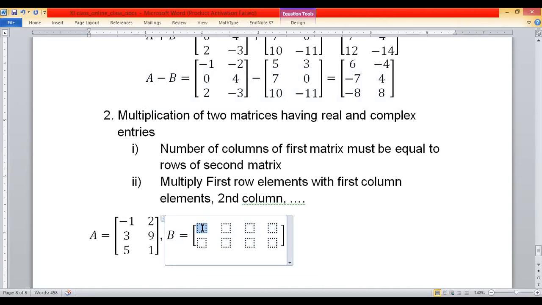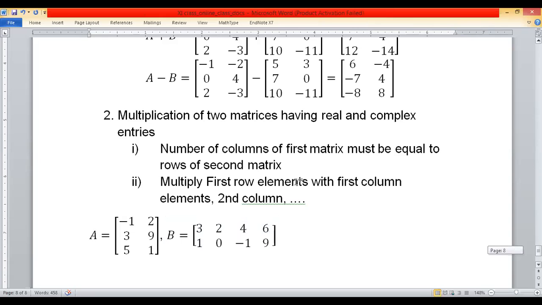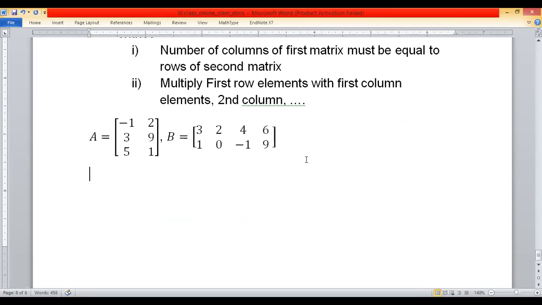So assume the matrix is 3, 2, 1, 0, minus 1, 4, 6, 9. You can see the order of A is 3 by 2.